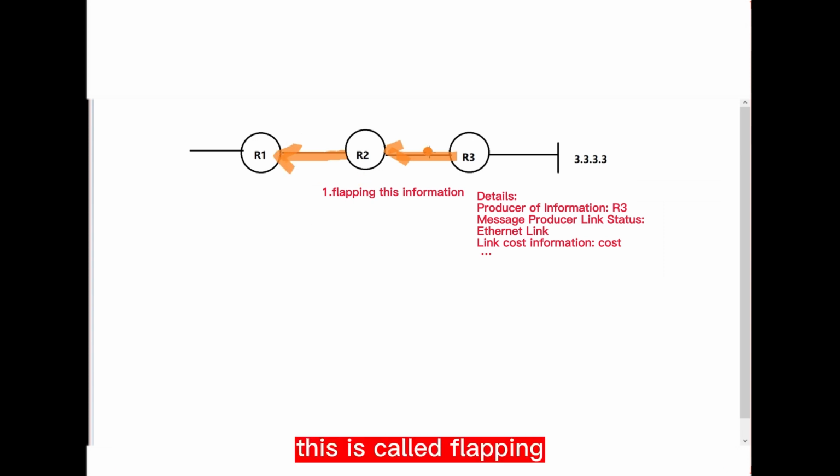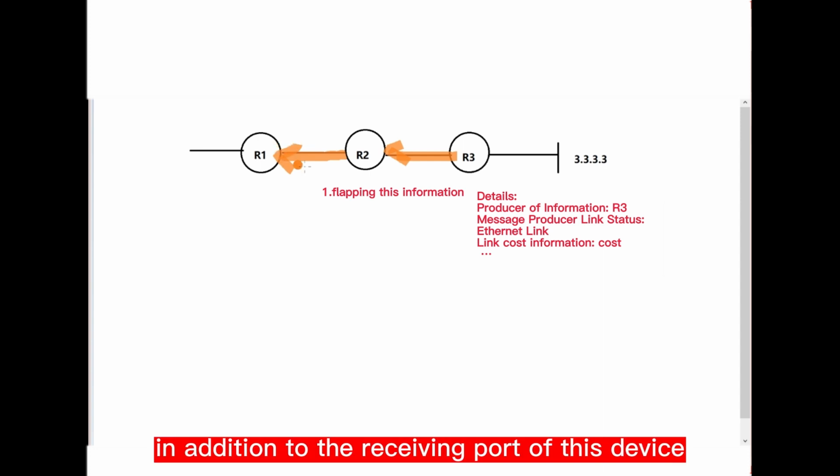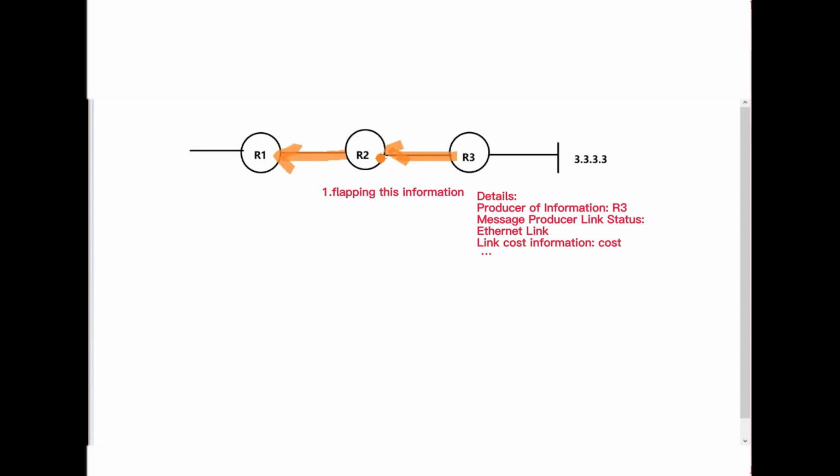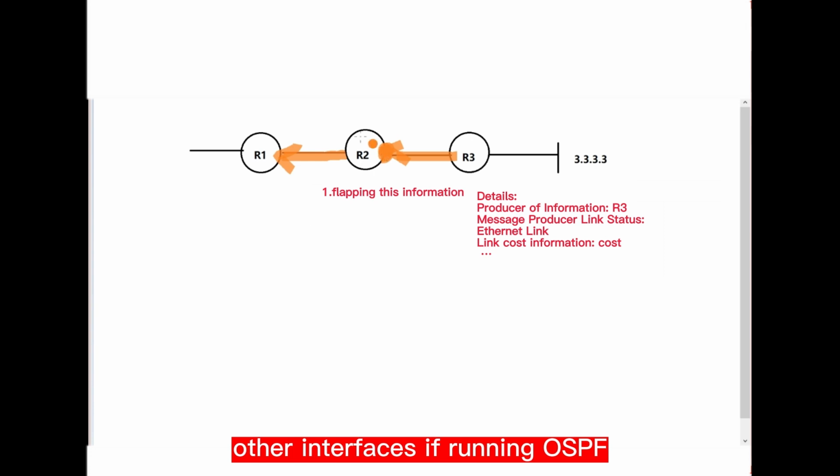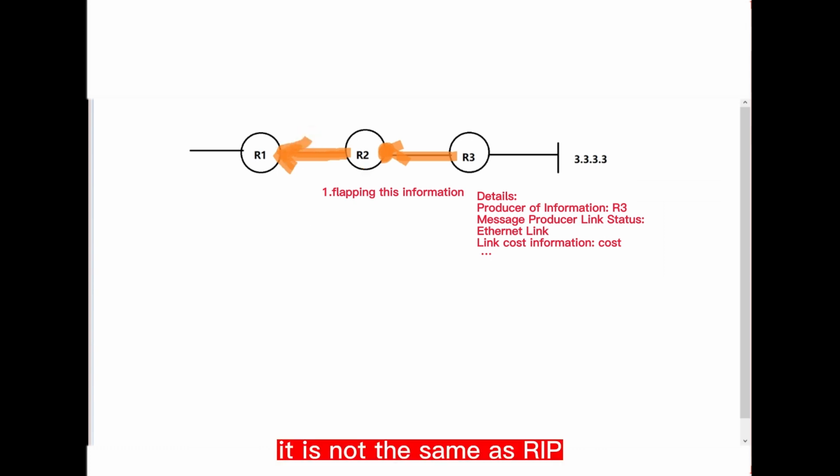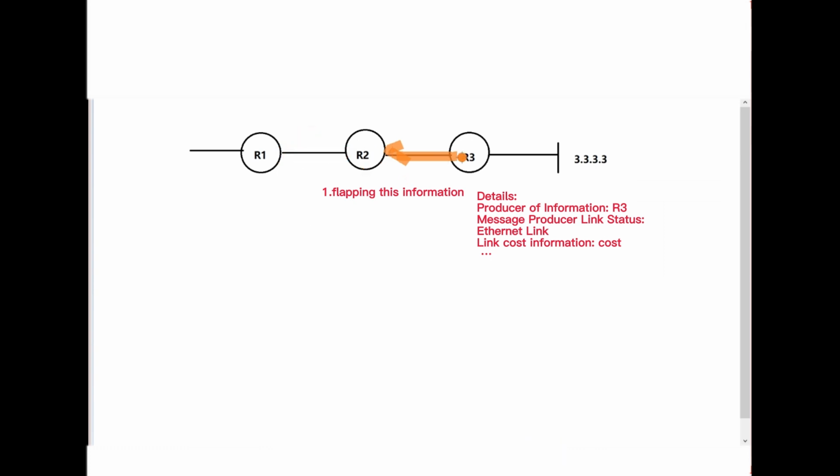This is called flooding. That is, in addition to the receiving port of this device, other interfaces running OSPF and also in the same area will each send a copy. This is called flooding.